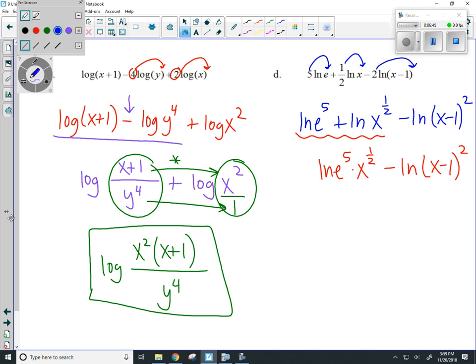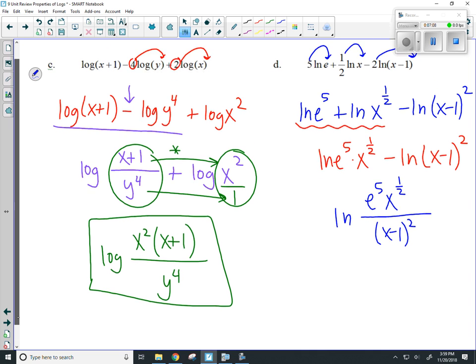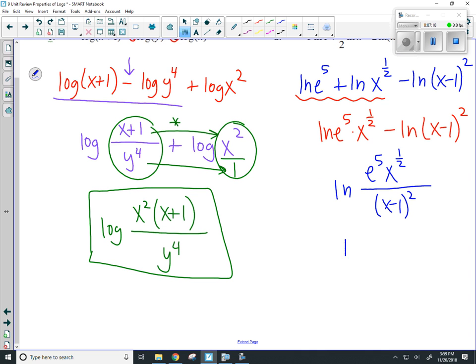And now we're going to have to put these two logarithms together with division. So e to the 5th and x to the 1/2 go up top. x minus 1 squared goes on the bottom with the ln in front. This is kind of a weird one. You can leave it like that, or technically, if you wanted to, you could say ln e to the 5th times the square root of x over x minus 1 squared.